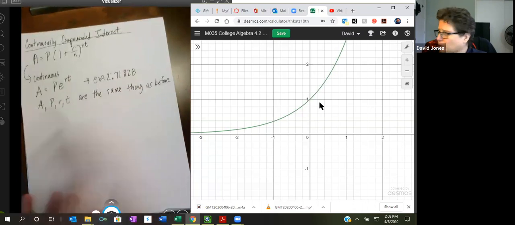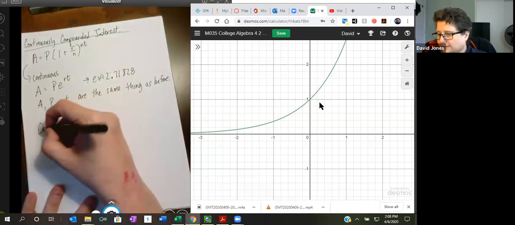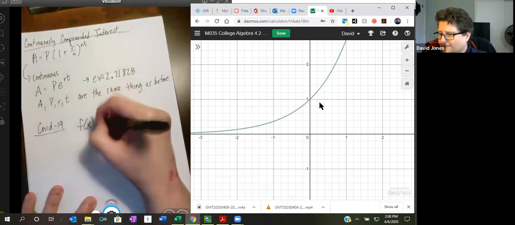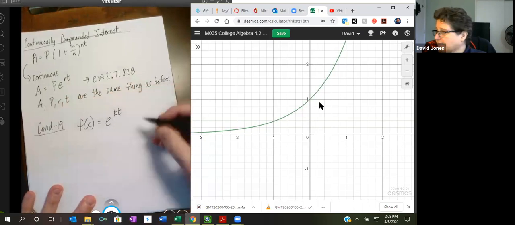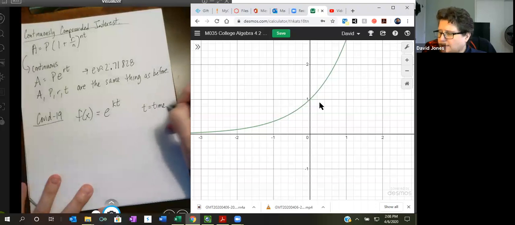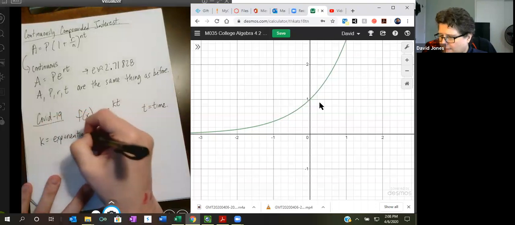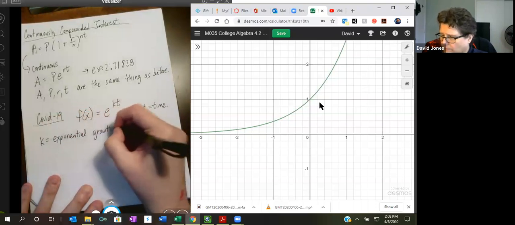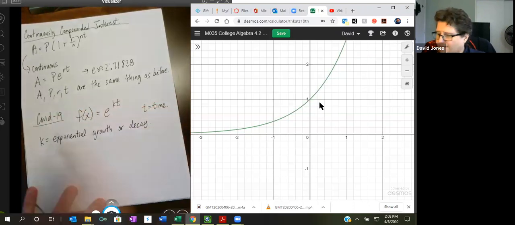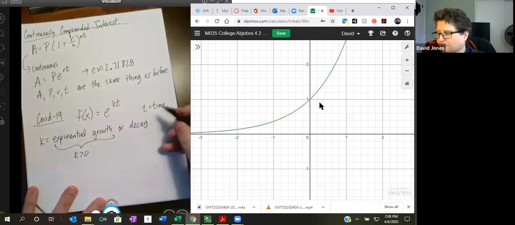This has a similar form. What we're seeing in the COVID-19 thing, there's a little more to it, but the base function is f of x equals e to the kt. T is time. K is exponential growth or decay. If k is greater than 0, we have growth.